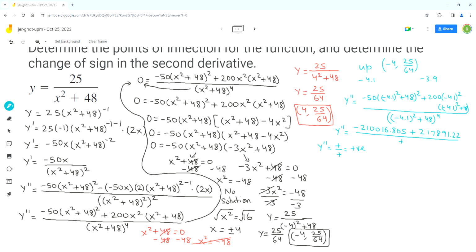Now we can do the analysis on the right side of this inflection point. So we'll use the test value negative 3.9.